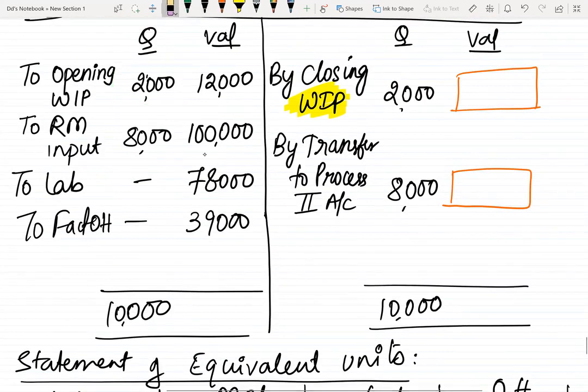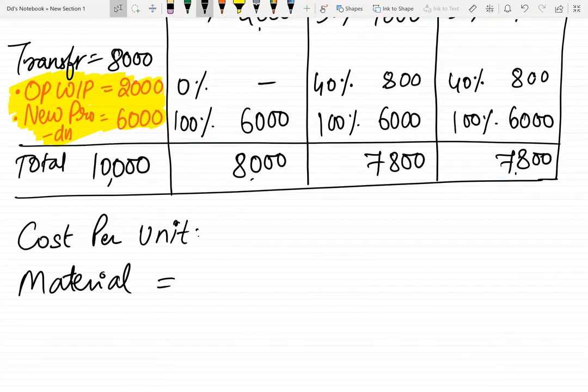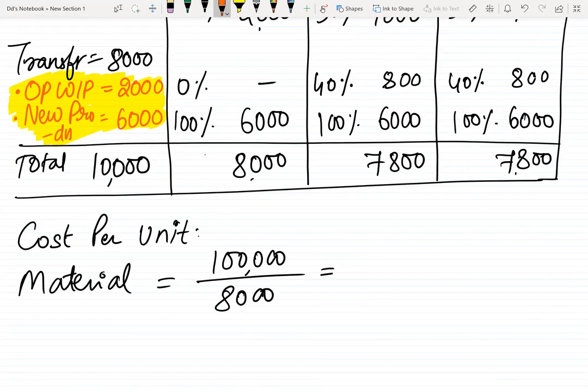Correct. Is there any scrap income? No. That means it will be simply 1 lakh rupees to be divided by how many units? 8,000 units. That is coming from, yes, 1 lakh by 8,000, 12.5.